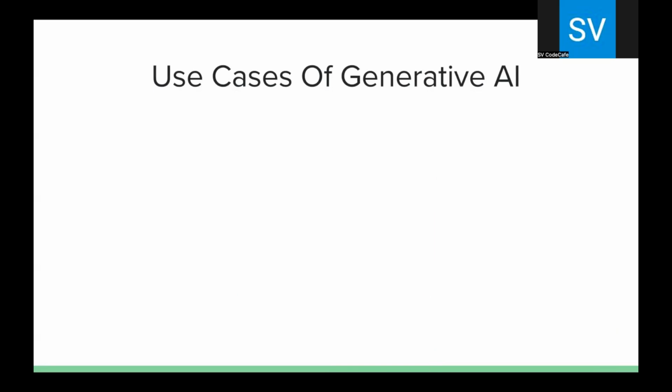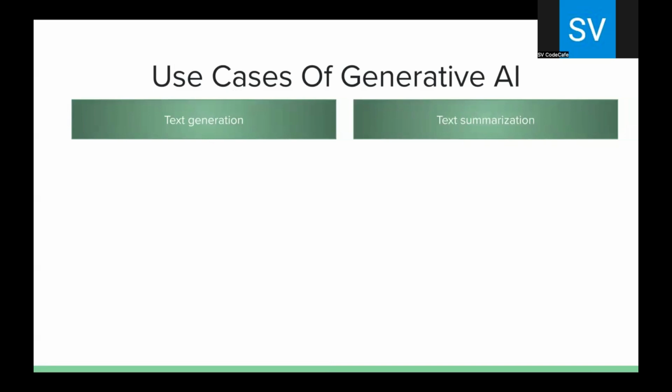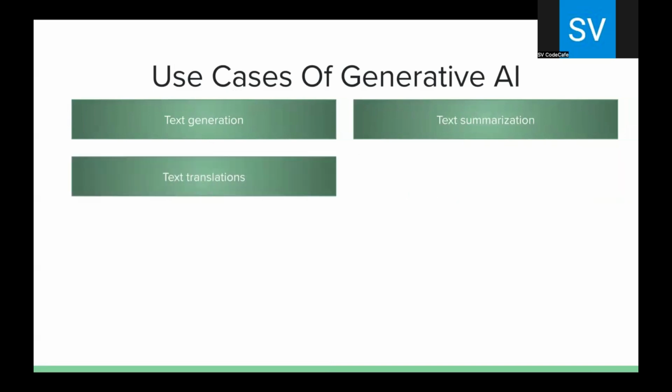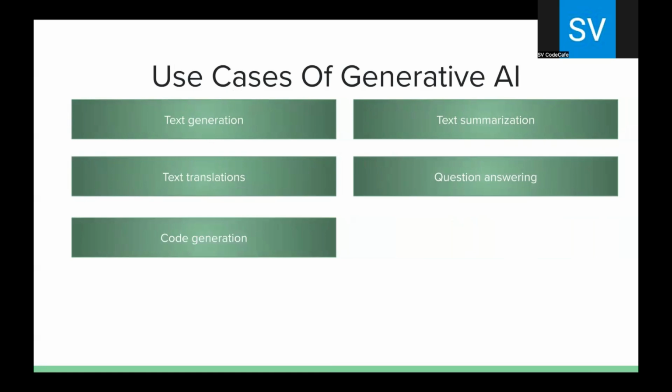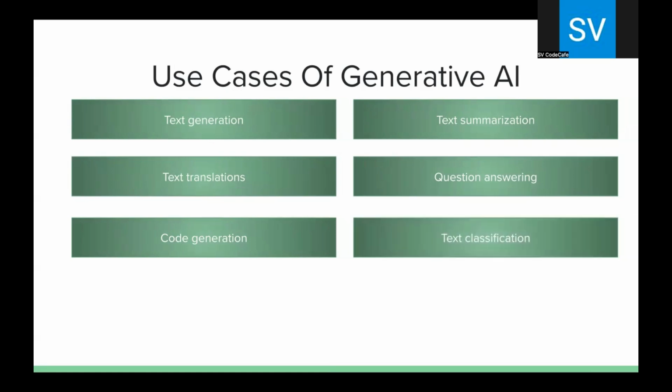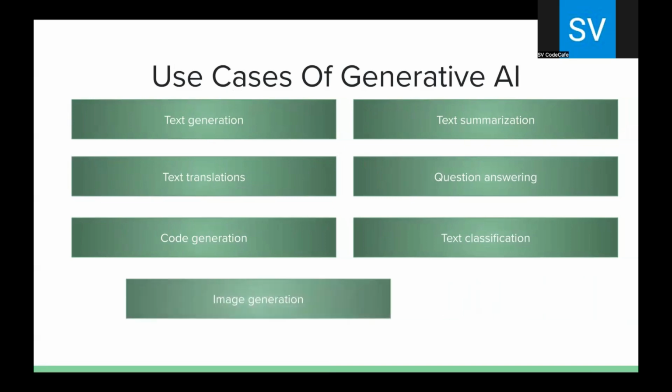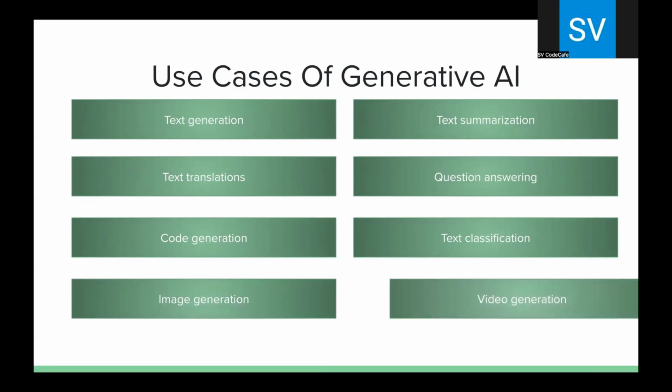So there are a large number of use cases, and some of the very generic and popular use cases are text generation, text summarization, text translation, question answering, and then code generation, because these generative AI LLM models are even trained with code, and then text classification, like sentiment analysis, image generation, video generation, and music generation, and many others.